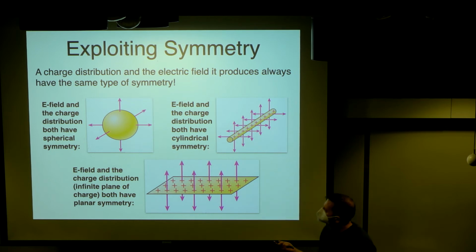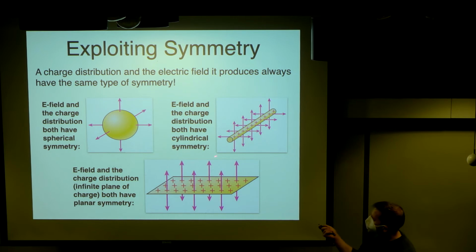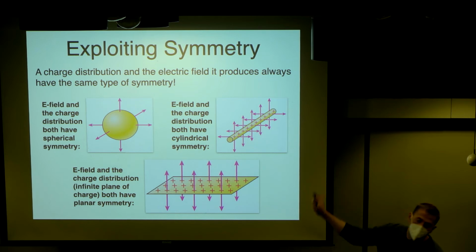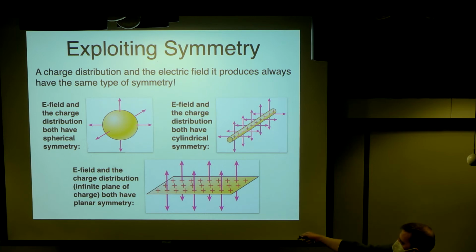In the same way, let's say we had cylindrical symmetry on our charges. That would create a cylindrically symmetric E field. That would look like E field lines pointing out in all directions away from that central line, whatever that happens to be. Or again, if it were negative, they'd be pointing in, but it would still have this general shape to it, okay? If we look at the planar case, here's what that looks like.